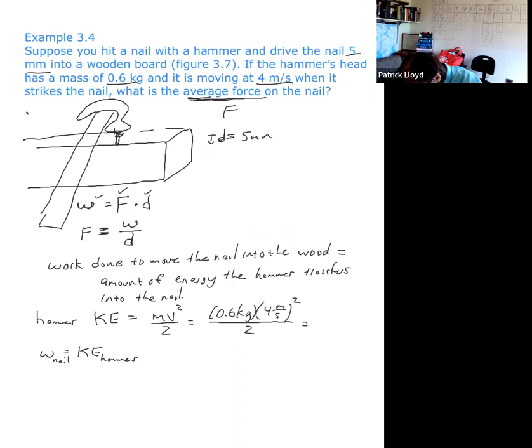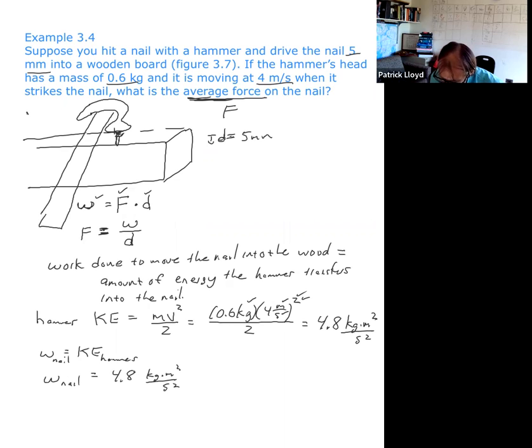The units would be kilogram meters squared per second squared. That's about 4.8 joules, because a kilogram meter squared per second squared is a joule. So the amount of work done on the nail is equal to the kinetic energy, 4.8 kilogram meters squared per second squared.